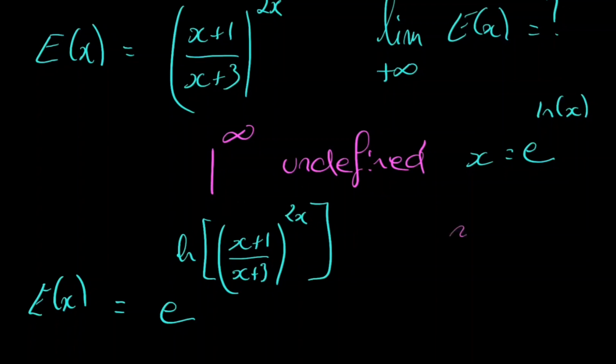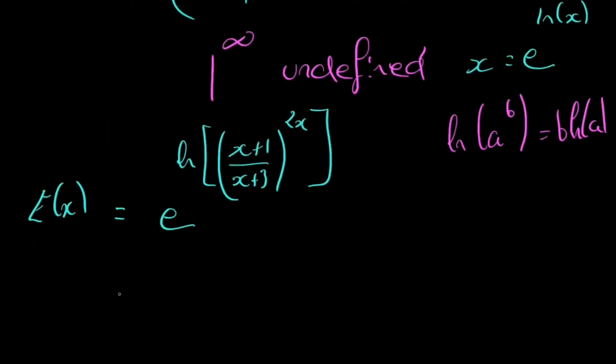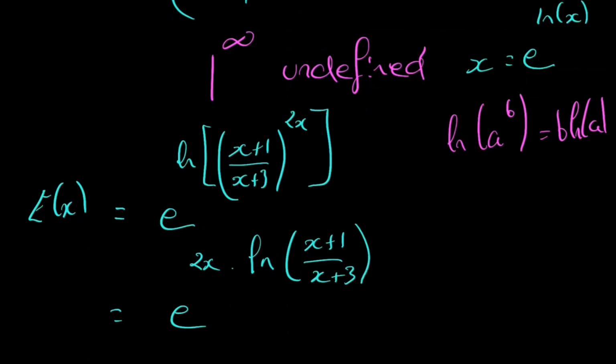Also, we've got logarithm of a to the b power is equal to b logarithm of a. And so we can put the 2x outside of the ln, which is equal to exponential of 2x times logarithm of x plus 1 over x plus 3.